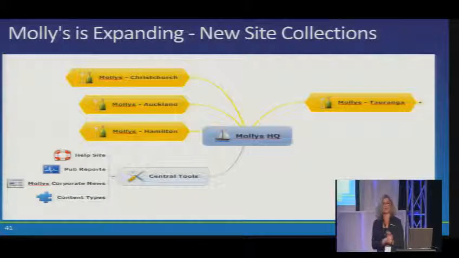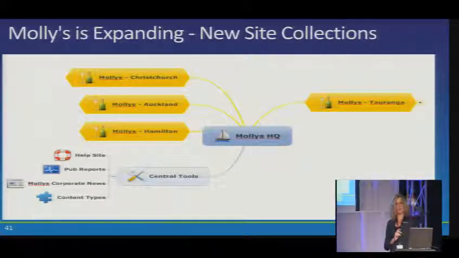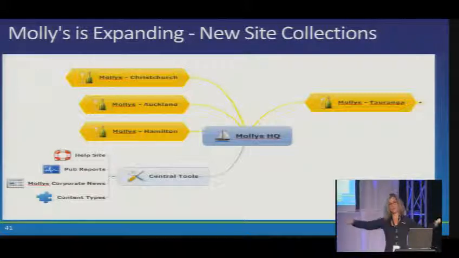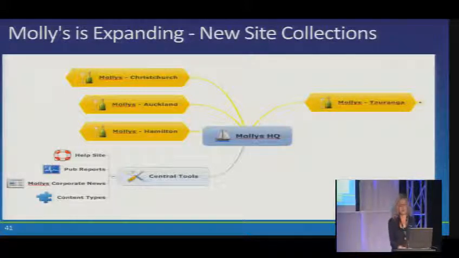So the idea here is that Molly's is expanding. We've got multiple site collections where we're going to need to replicate those same content types across lots of different site collections. So rather than me having to go and set all those content types up every single time again, what I want to do is set them up in one central place and have that feed out to everything. And also, if I go ahead and change any one content type, I want it to be replicated also.